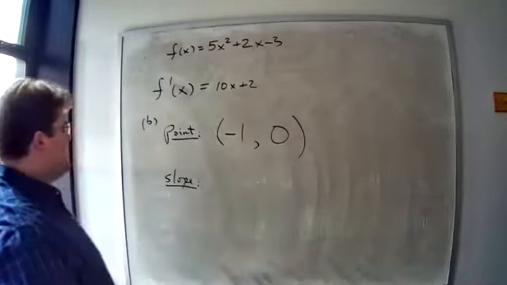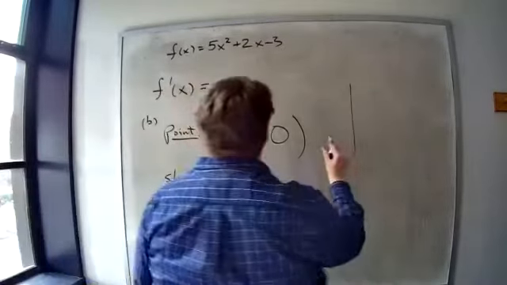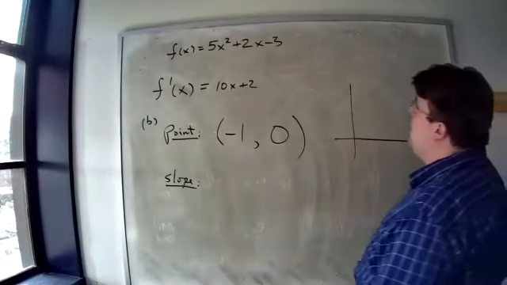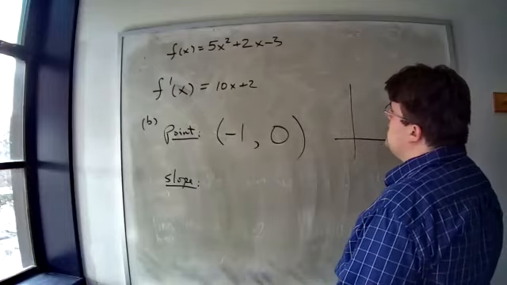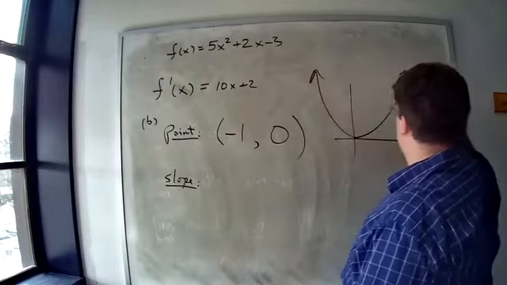What about the slope? Well, the derivative is set up to give us the slope of tangent lines, any tangent line. I don't know where this function is. It's a parabola. Let's just say it looks something like this.